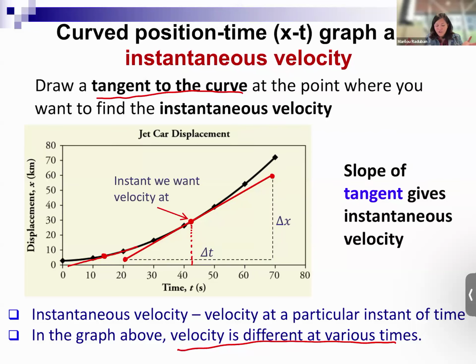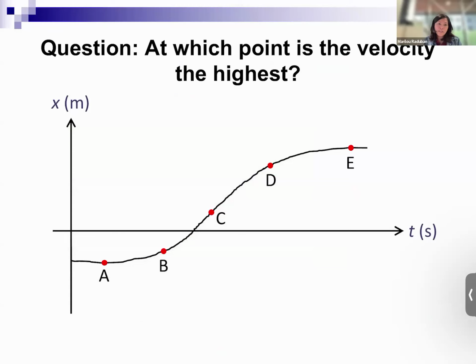That gives you an idea that the instantaneous velocity should be different at different times if the graph is curved. So for example, for this curved displacement versus time graph, at which point is the velocity, meaning instantaneous velocity, the highest? Is it at point A, B, C, D, or E?